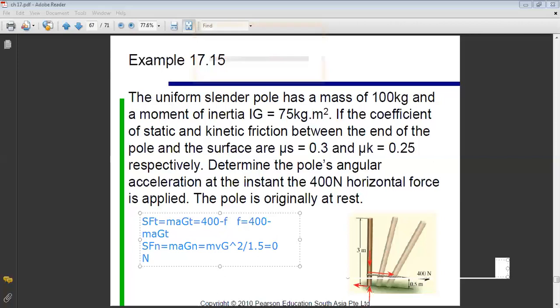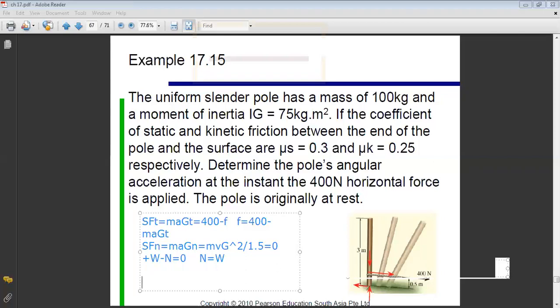So I can deduce N. If I'm doing along UN, is it downward or upward? Downward, because it is always directed towards the center of rotation. So it's plus W minus N equals 0. Here the sign doesn't matter because it's 0. So I deduce that N is equal to W. Once I calculate N and the friction F, I should verify my assumption.